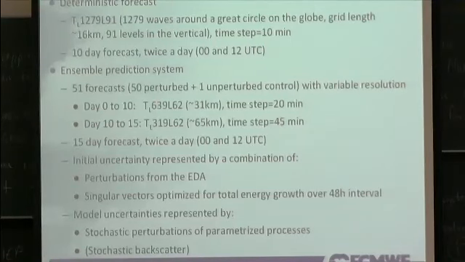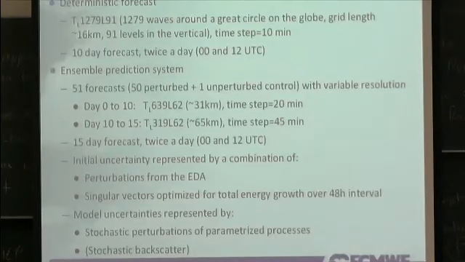Then the other medium-range product is the ensemble prediction system, which consists of 51 forecasts, where one is the control forecast, and there are 50 perturbed forecasts. And they are done with variable resolution. So you have a 31 kilometer resolution in the first 10 days, and from day 10 to day 15, it's only 65 kilometer resolution. Yeah, and there are also 2 forecasts done each day as the deterministic at 0 and 12 UTC.